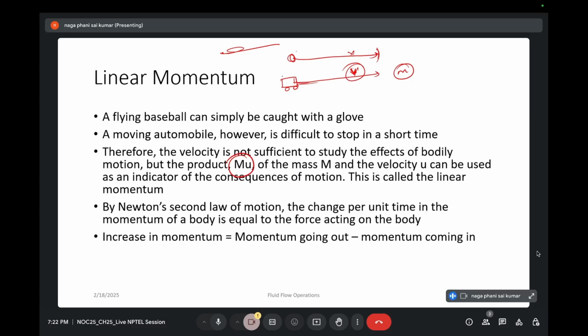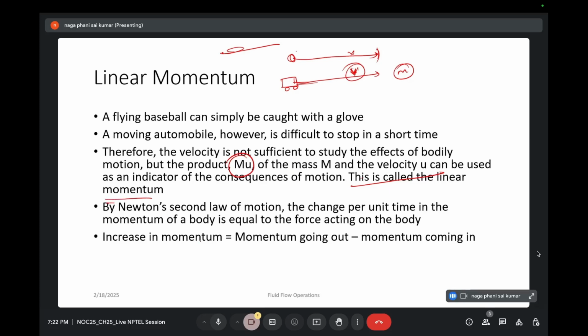Car is many times heavier than ball, right? So that is why you will not be able to. That is, the momentum of car will be very high, whereas momentum of ball will be small when compared to this. That is why you will be able to stop the ball using gloves, but you will not be able to stop this car just by your hands. Okay, this is called linear momentum.